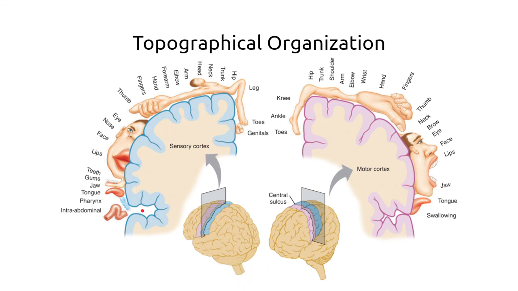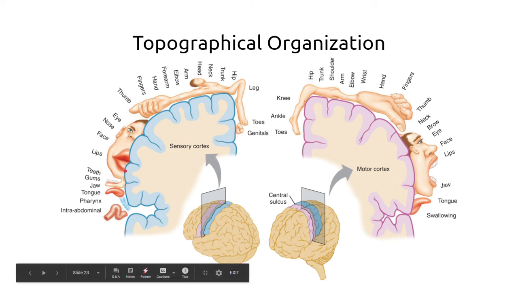You zap neurons in that area, and people report feeling things at different points on their body, and you get this really neat topographical organization, such that the neurons that respond to fingers are next to the neurons that respond to your hand, which is next to the neurons that respond to your forearm, which is next to the elbow, which is back to the arm. It's a pretty consistent mapping. It's a little bit weird, but face is down here, all these sorts of different parts. So that seems to be really nice and direct.